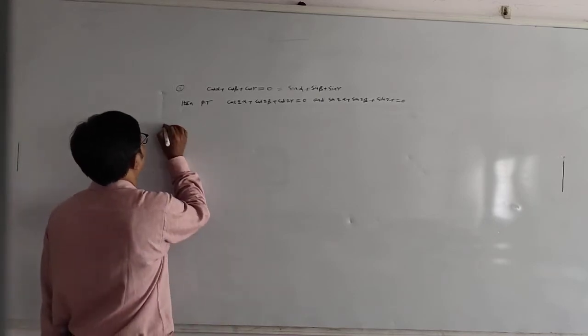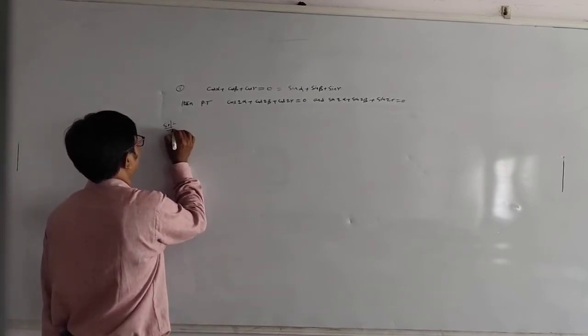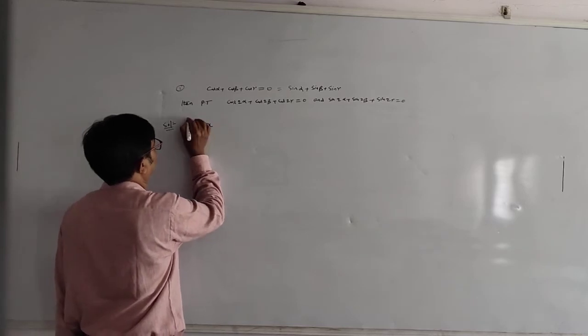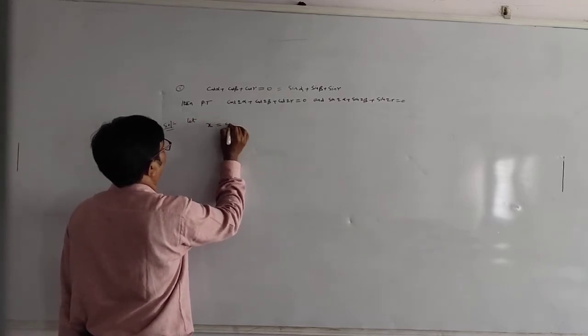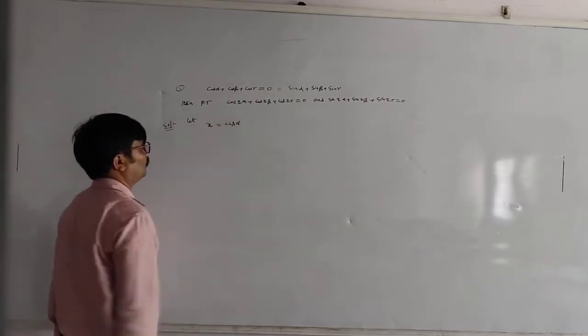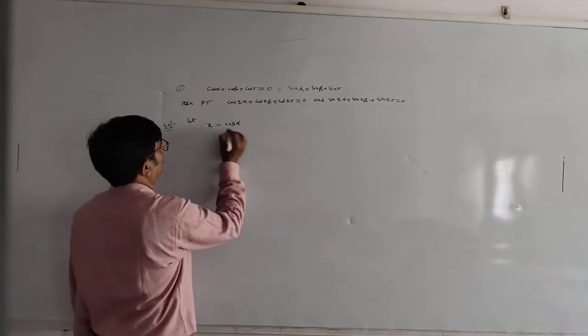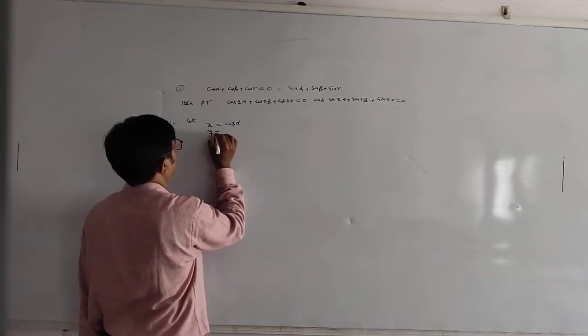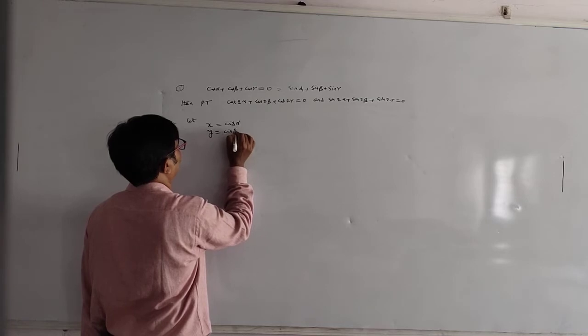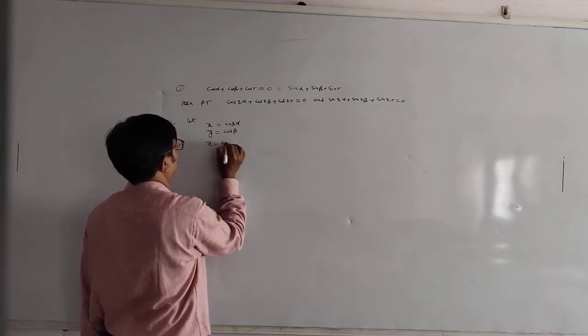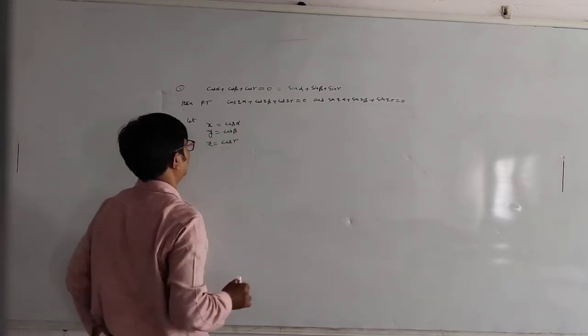here the solution is: first we take x equal to cis alpha, y equal to cis beta, and z equal to cis gamma.